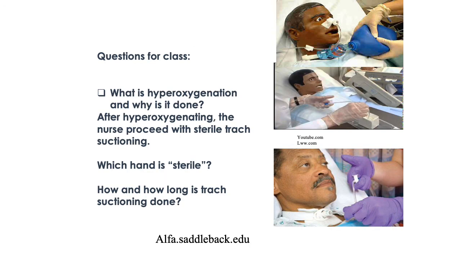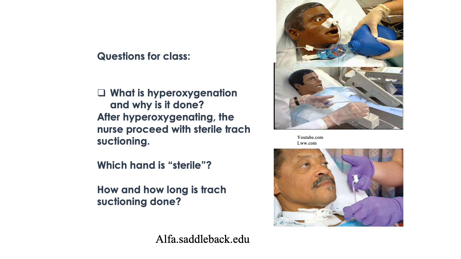So in class, a couple of things I want you to think about, and we'll cover these next week, would be what is hyperoxygenation? Why do we do it? Look over the checkoff sheet and see if you have any questions there. Write those down. Think about sterile technique. There's one hand that stays sterile, one hand that's clean.